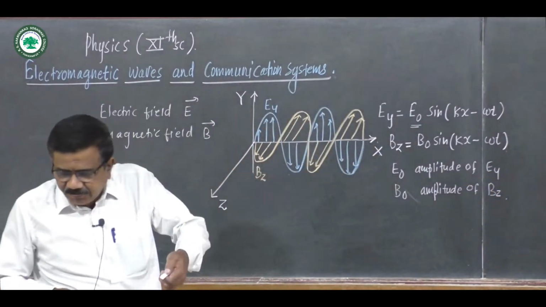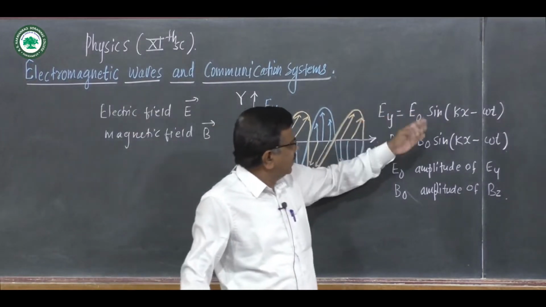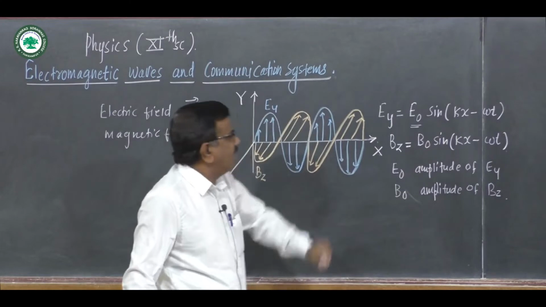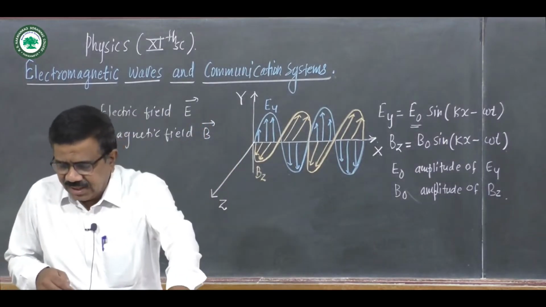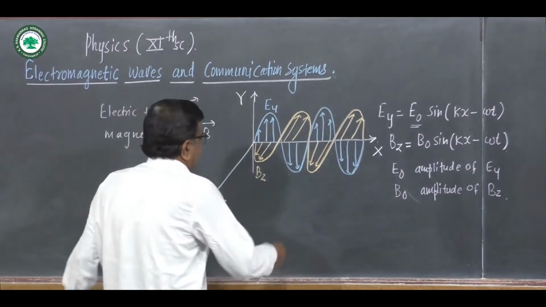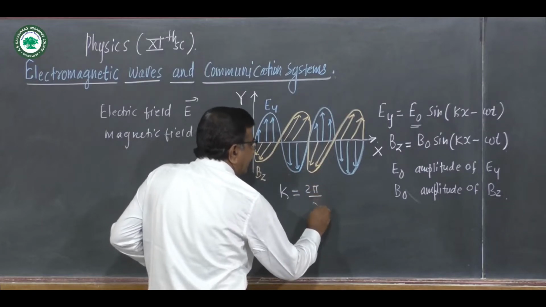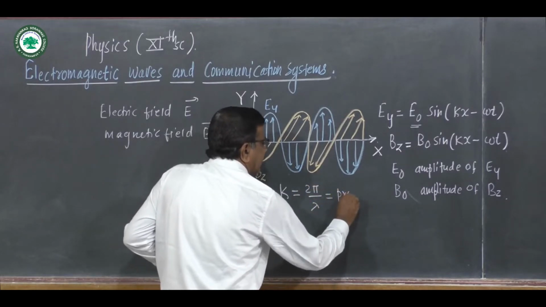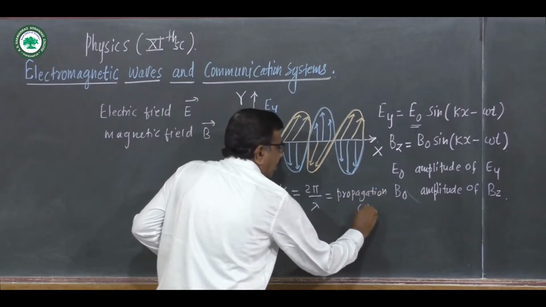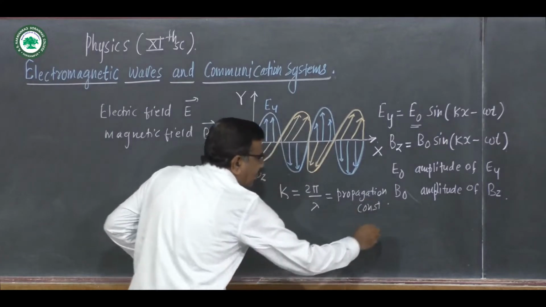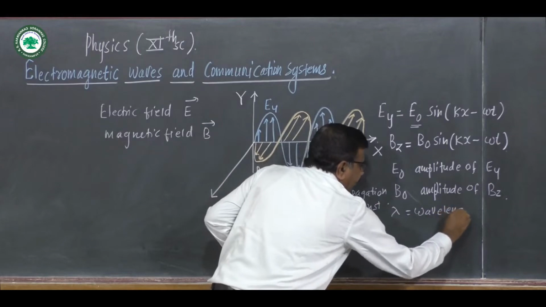The electric and magnetic field vectors are represented by these equations. E0 is the amplitude of the electric field, and B0 is the amplitude of the magnetic field. K is the propagation constant, and it is 2 pi by lambda, where lambda is the wavelength of the wave.